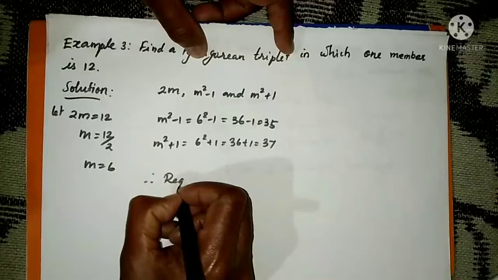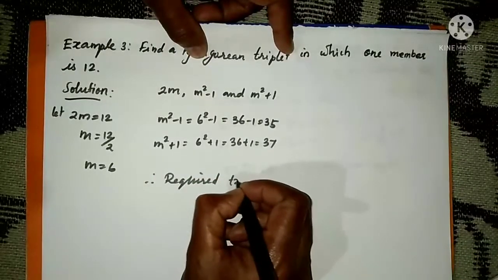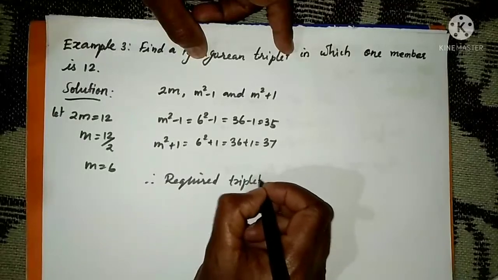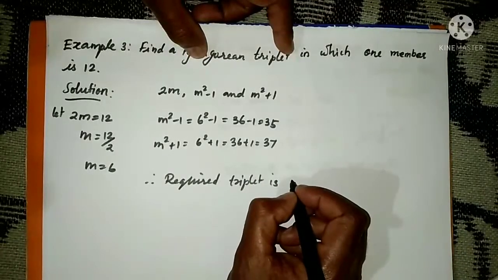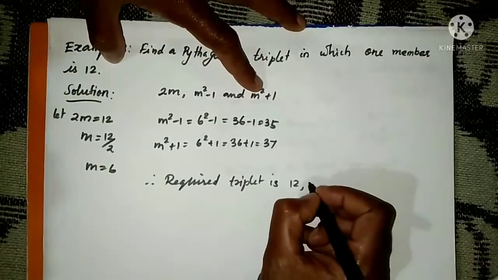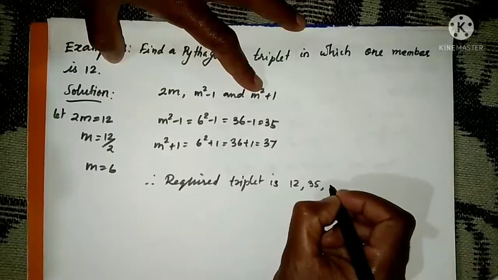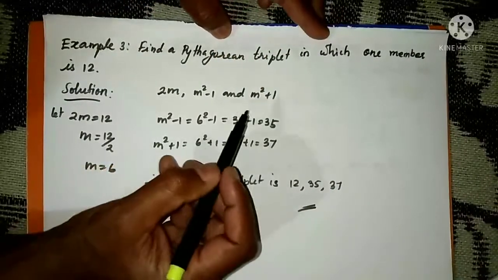Therefore, the required triplet is 12, 35, 37. It's very easy if we understand.